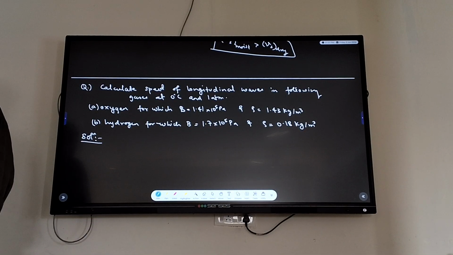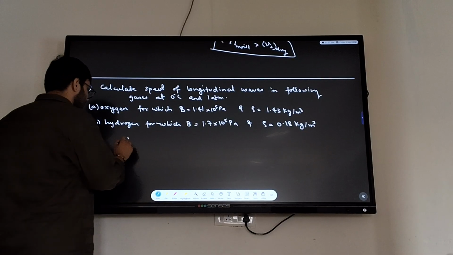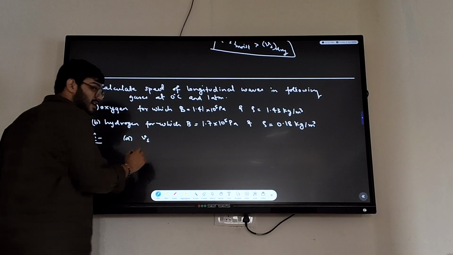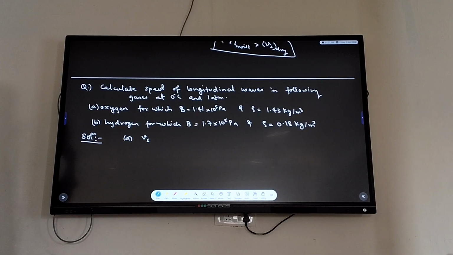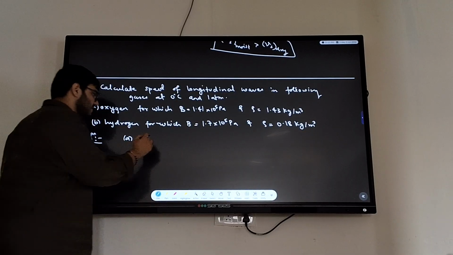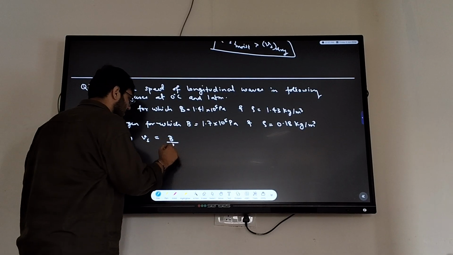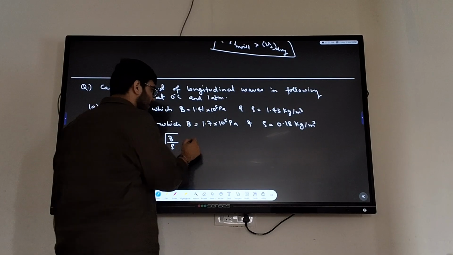You have to use B by rho, under root B by rho, that is the formula. So that's why I told you to be very mindful when you apply the formulas, right? So that's under root B by rho. And the question is done, there's nothing more.